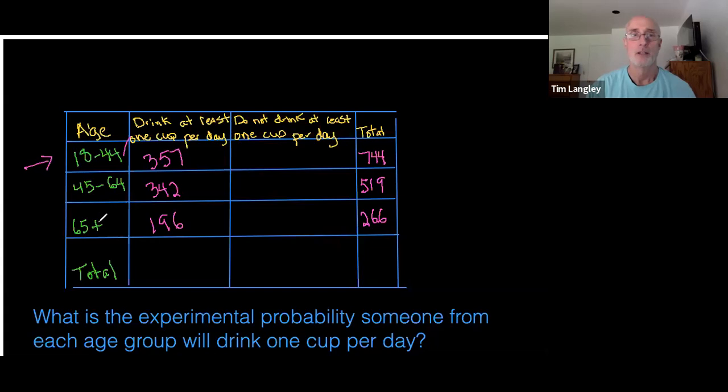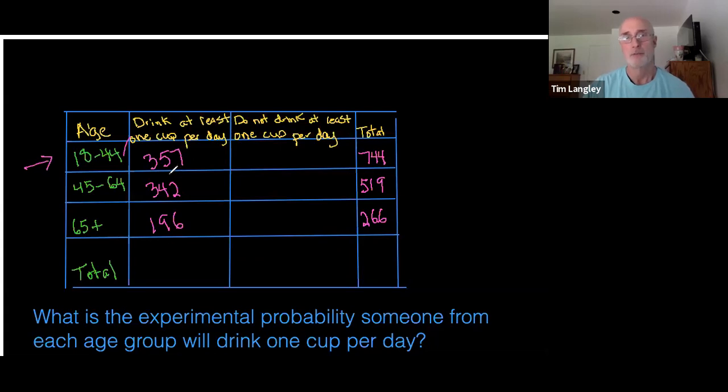And then in the 65 and above group, 196 people said yes, they drink a cup a day, but they only asked 266 people 65 and older, okay? And so they might ask you, what is the experimental probability of someone from each age group drinking 1 cup per day? Well, how would you figure that out?